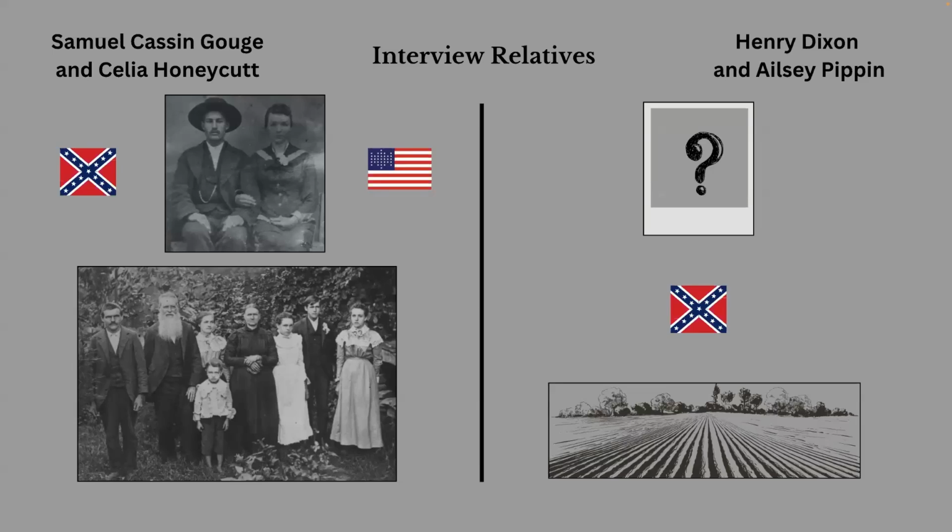She said he went AWOL one time to go home and help his wife take care of the crops. But that Confederate troops found him working in the field, and he was forced at gunpoint to go back to his regiment. I have not located any other stories about him, and no pictures, and no stories were handed down from Celia Honeycutt or Elsie Pippin about their experiences in the Civil War.